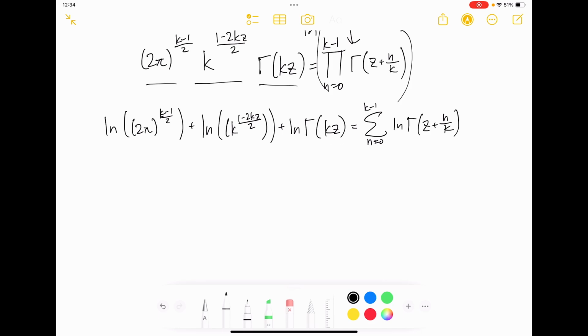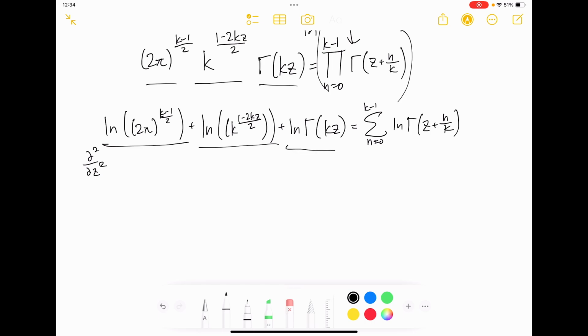So, let's take the second derivative at once. If we do, these are going to die because they do not depend on z.